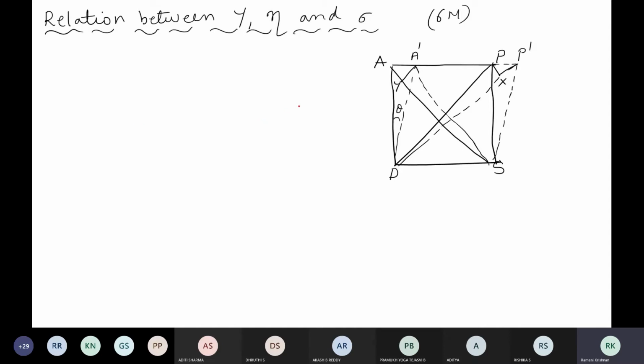Now, this strain is producing elongation along the diagonal DP dash, and the same strain is producing compression along the diagonal A dash. Yes, we are seeing the change in the diagonal. Now we know alpha.